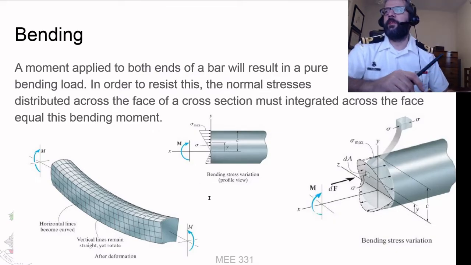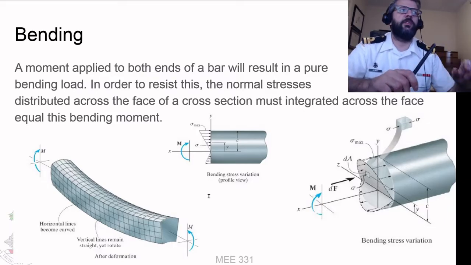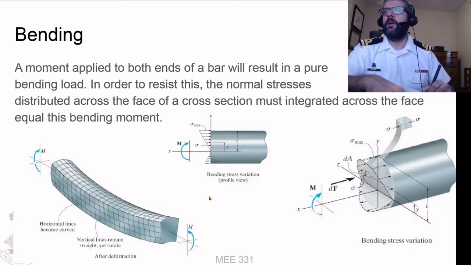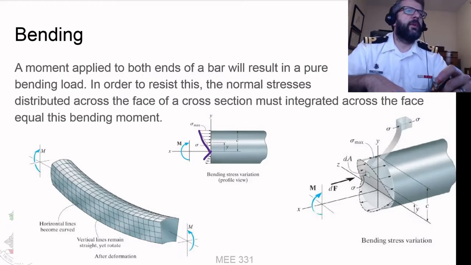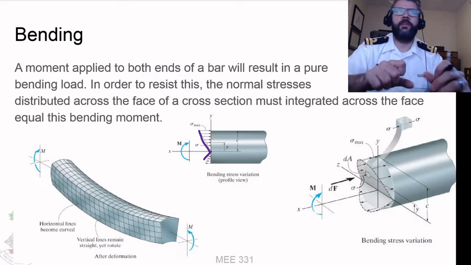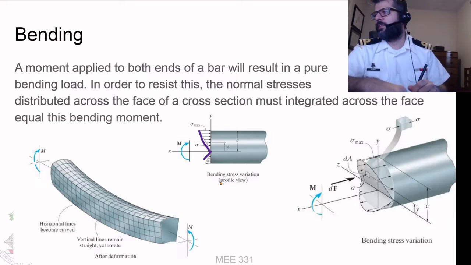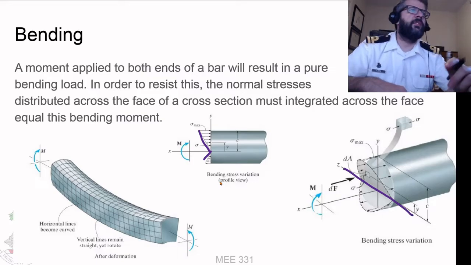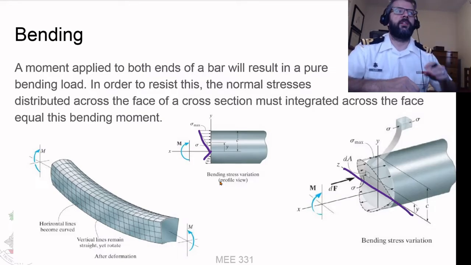So you always end up with some sort of variation in the stress going on. You're always going to have what we call a neutral axis. Essentially, there's going to be a line that you could draw across the cross section that will have zero stress along it.